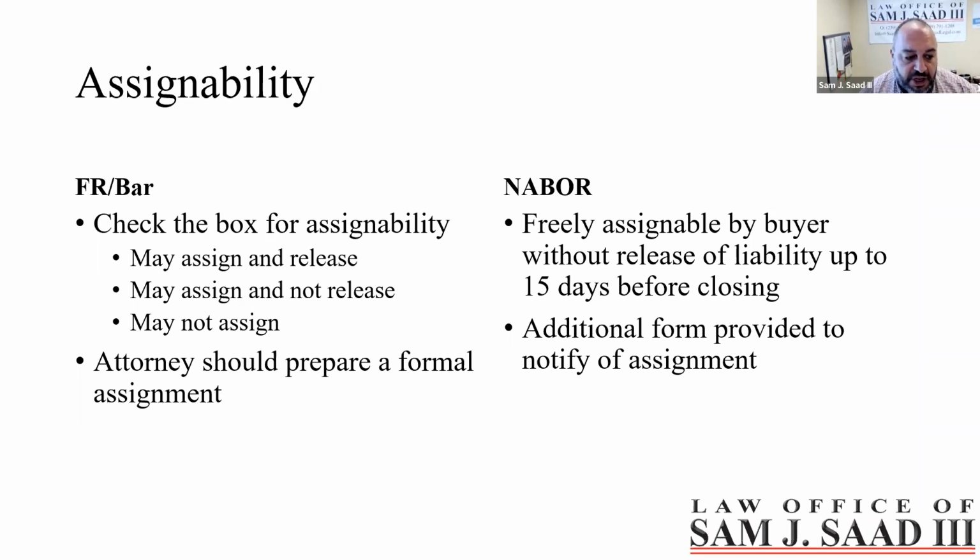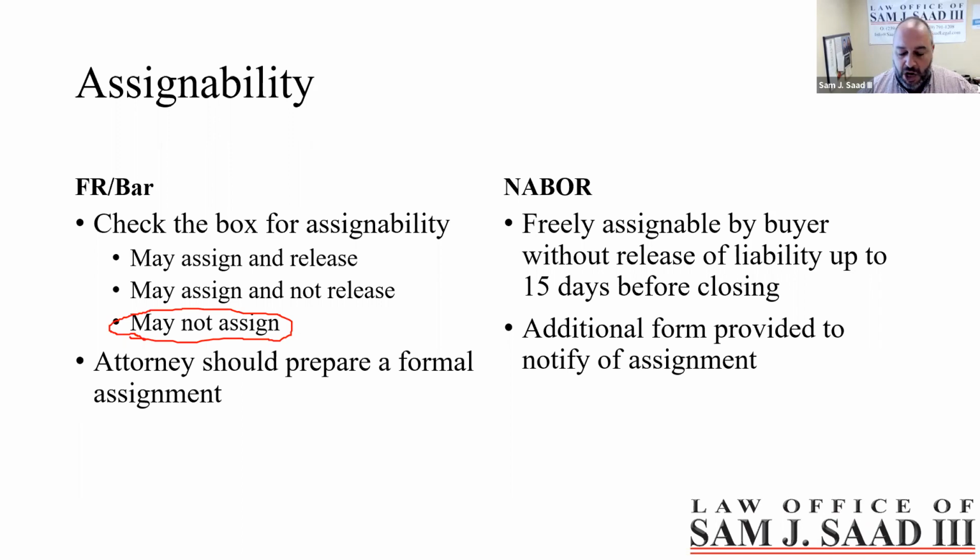The buyer could assign the contract and not be released, or the buyer could not be allowed to assign the contract. Now, I will say this, in the new FARBAR contract, this is the default. If you miss this box, which is in section 7, you will have a non-assignable contract.